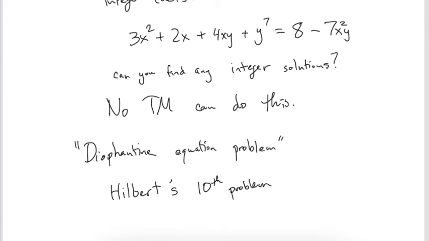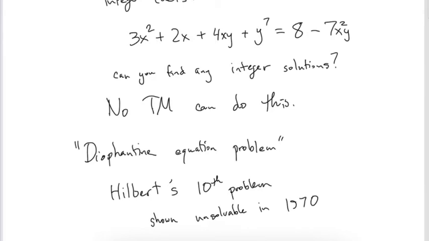Hilbert had no way of knowing this at the time, but it was eventually proved that there is no solution. This wasn't shown until 1970, when the proof was finally finished. So this was a major work. This is why we're not going to go over the proof.